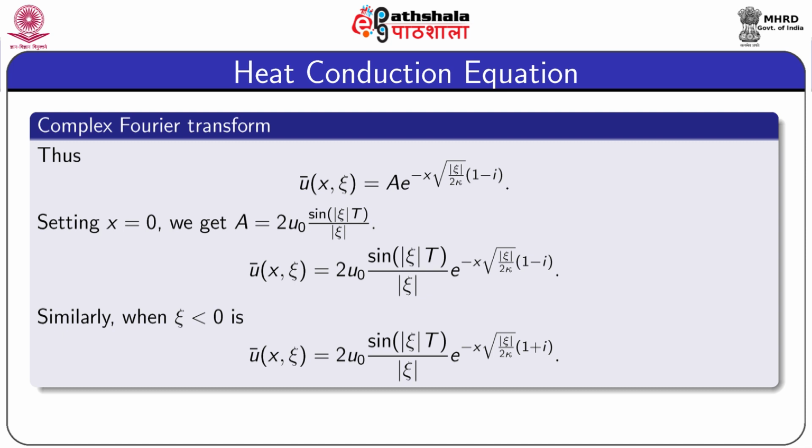So, substituting this value of A, our required solution becomes ū = 2u₀ sin(|ξ|t)/|ξ| e^(−x√(|ξ|/2κ)(1−i)). So, this is the solution for ξ greater than 0. Similarly, for ξ less than 0, we can obtain the solution in the form ū = 2u₀ sin(|ξ|t)/|ξ| e^(−x√(|ξ|/2κ)(1+i)).